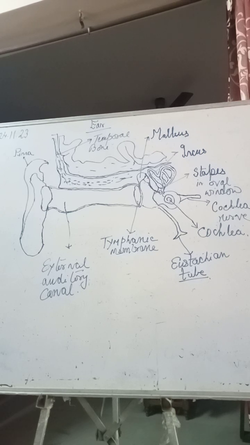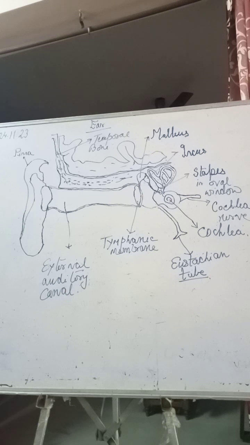So now the eardrum vibrates and the sound waves are produced, which are further carried by the three ossicles, malleus, incus and stapes, to the cochlea.